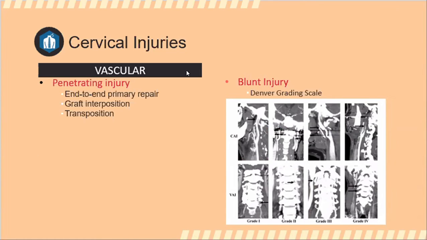Grade 1 has irregularity of the vessel wall only, with less than 25% luminal stenosis. Grade 2 has thrombus, dissection, and intramural hematoma with more than 25% luminal narrowing. Grade 3 has pseudoaneurysm. And grade 4, the most severe, has vessel occlusion.